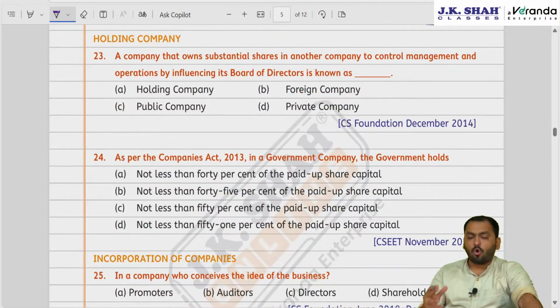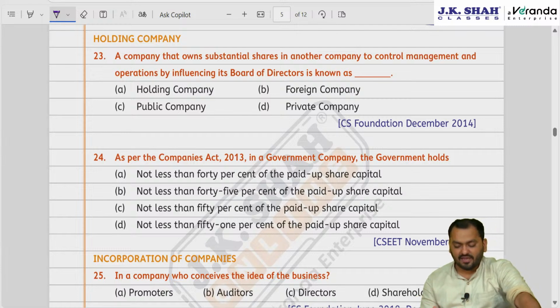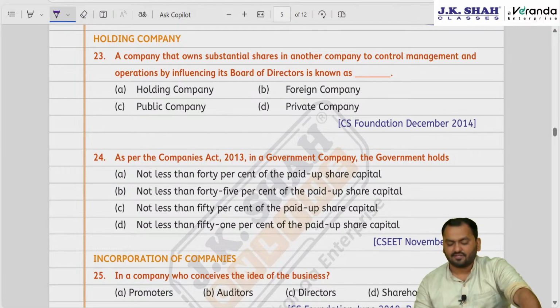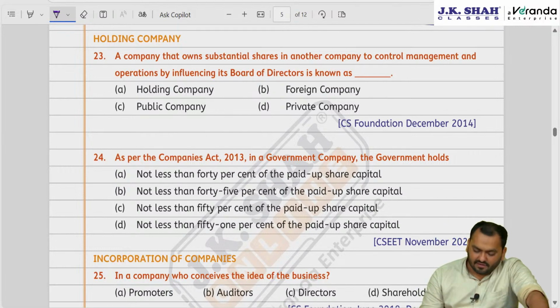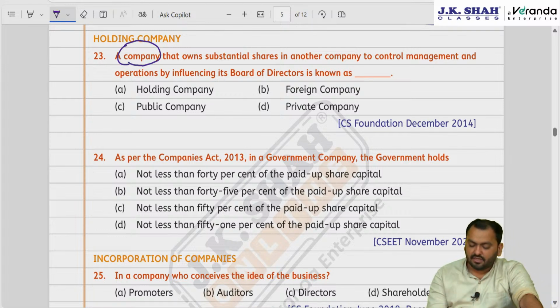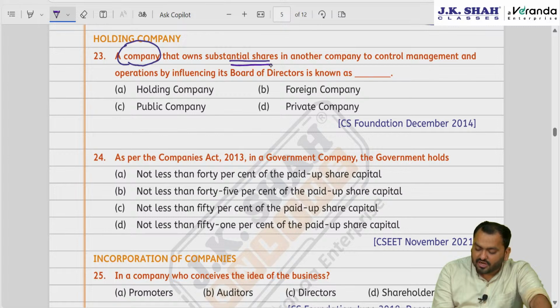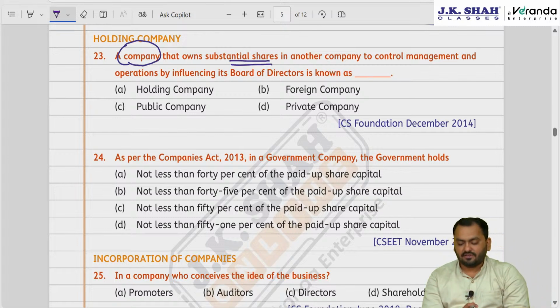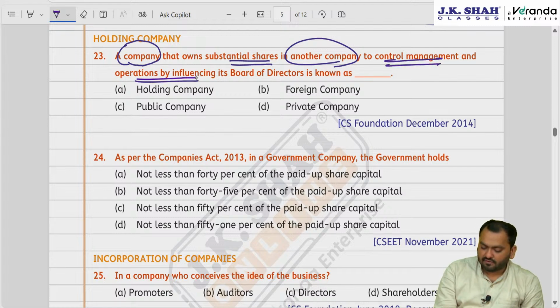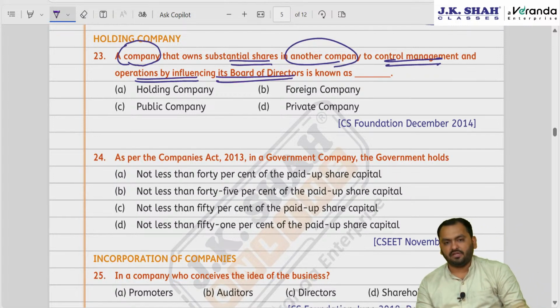A company that owns substantial shares in another company, to control the management and operations by influencing its board of directors, is known as dash company.